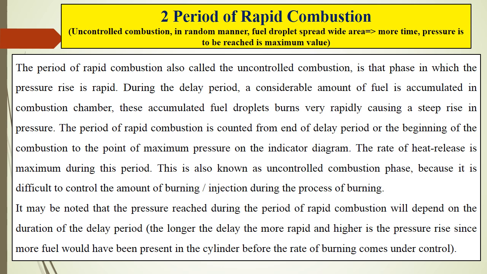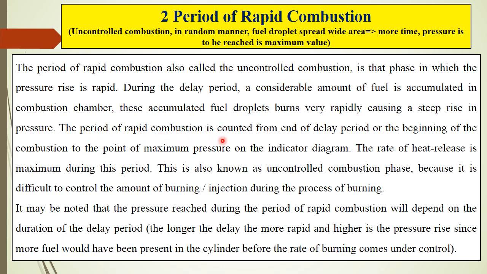This admitted fuel burns very rapidly, causing a steep pressure rise in the indicator diagram. You can observe a high pressure rise during this phase, and that's why it is called uncontrolled combustion.